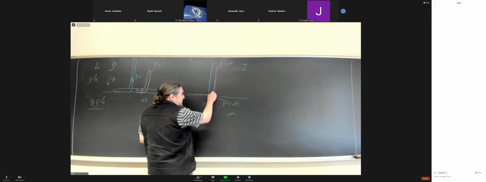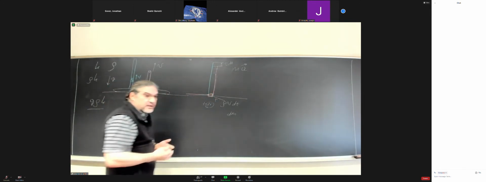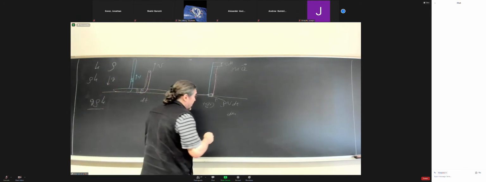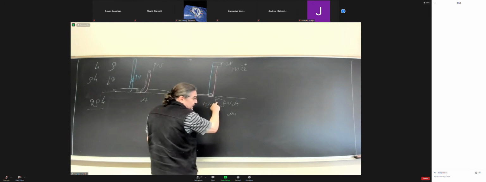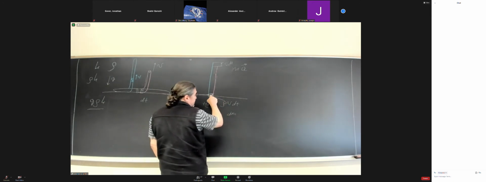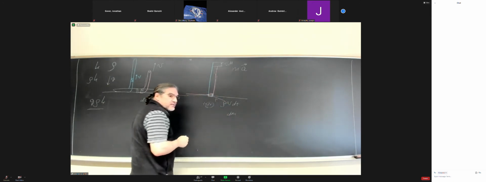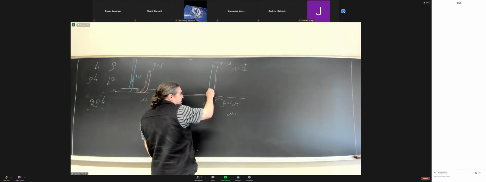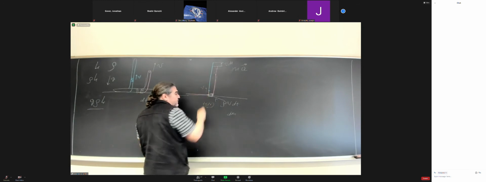Now let's consider this piece only. It's a very, very small piece, so it's a point-like piece. At the initial time, at time t, its velocity was 0. Velocity just of that piece. At time t plus dt, that piece has come up here, and it's already moving with velocity v.